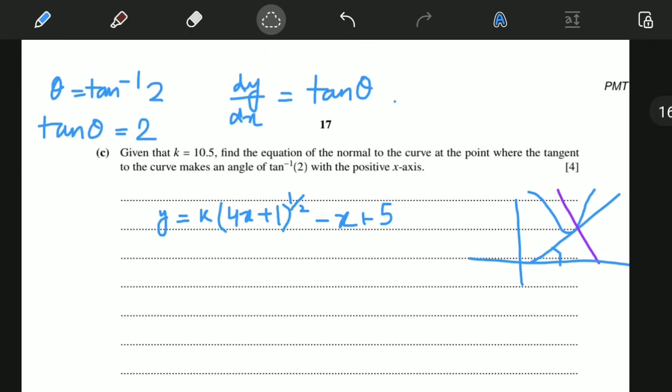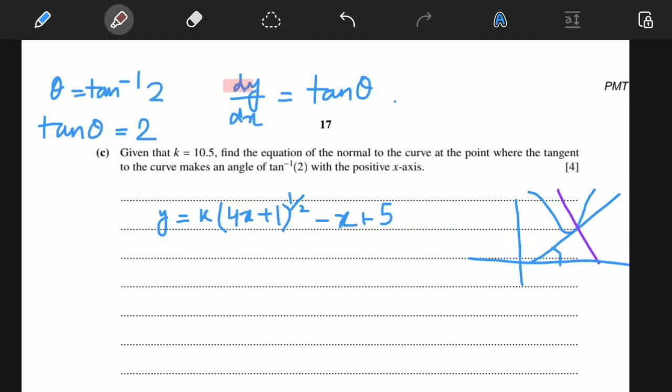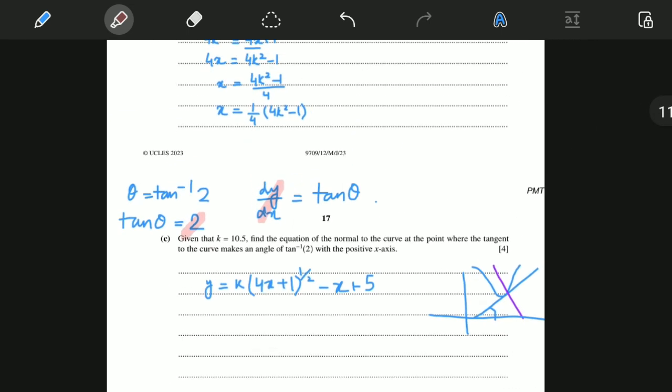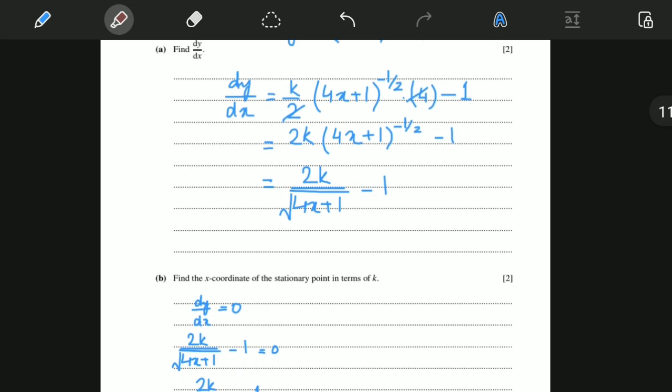So first thing we'll do is, we know the dy by dx. This equals tan theta, and tan theta equals 2. So first take your dy by dx. This is your dy by dx.